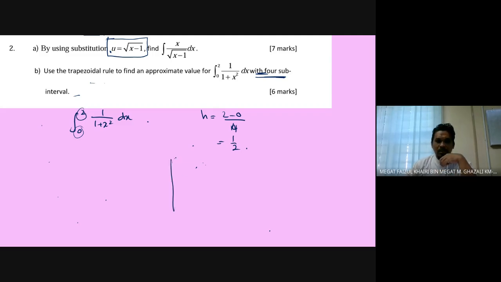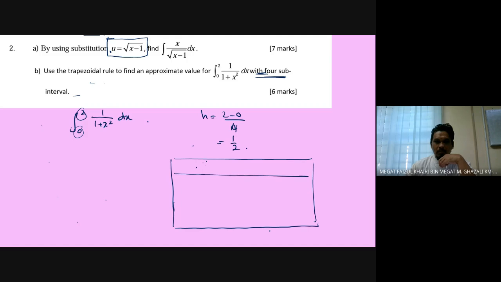So then, okay, come up with a table. We got 1 divided by 1 plus x squared. The first value of x, x0 equal to 0. x1 equal to 0 plus half is half, 1 over 2. x2, half plus half equal to 1.